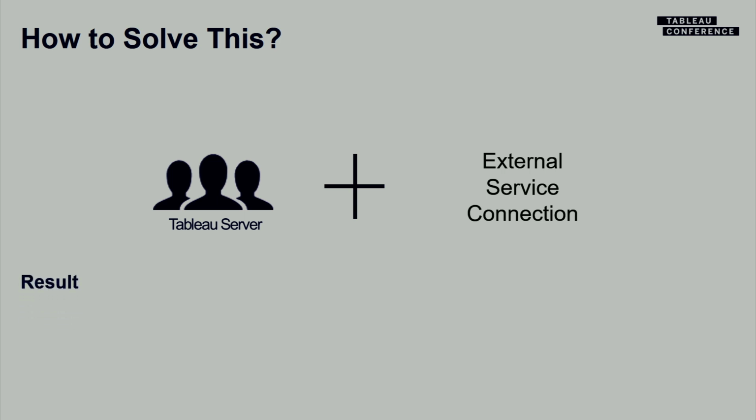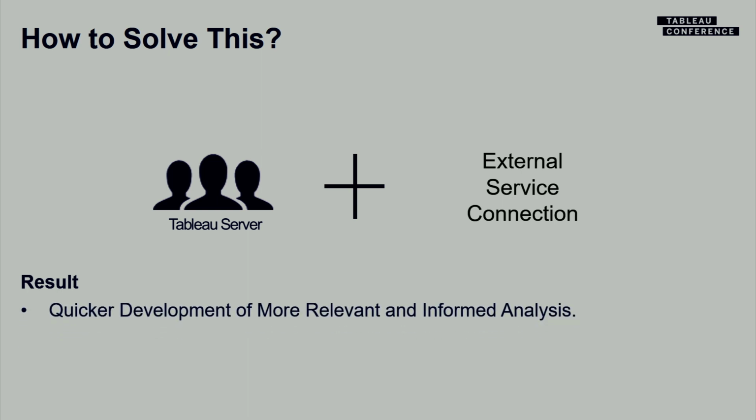So if you think about what these things would actually mean in practice, you would be able to have, from your data science community, quicker development of analysis that is then informed by those contextual insights that your business users know about from their day-to-day running of the business.